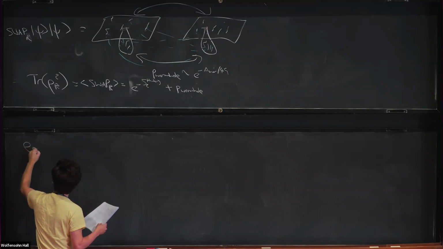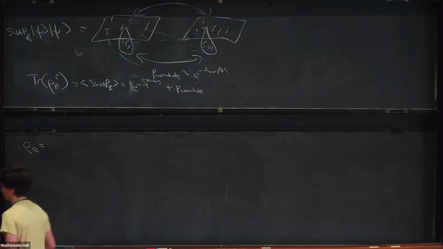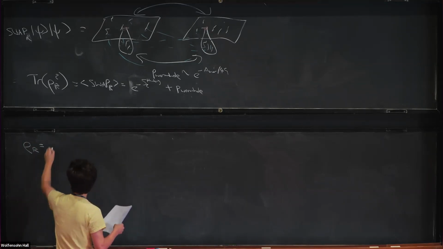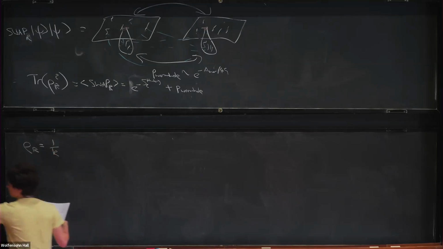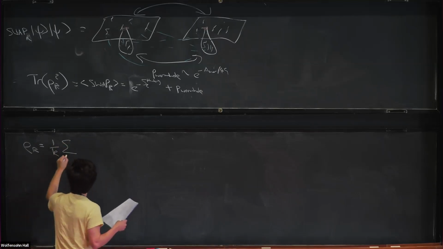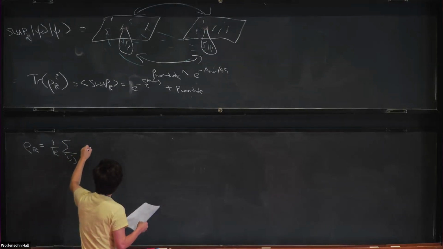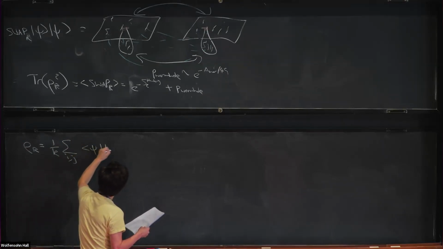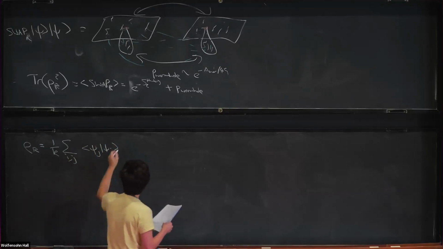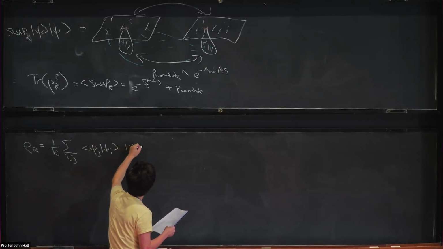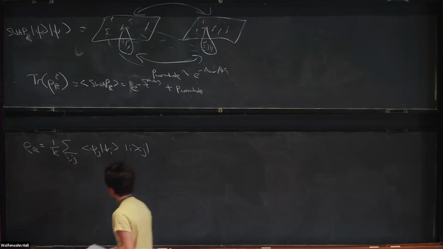So rho R is just going to be, take this thing and trace over the black hole B. So what is that? Well, we get 2 factors of 1 over square root k. We have a sum over I, and we have a sum over j. And then we have psi j, psi I, times ket I, bra j.